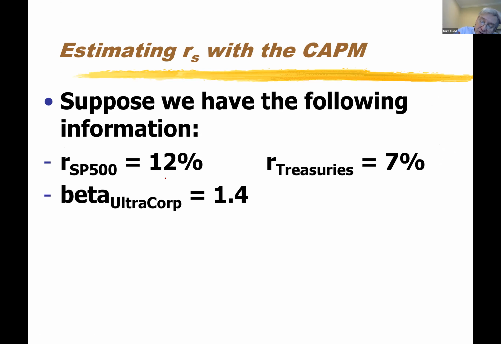The average stock, the average risk stock, stocks with a beta of 1 have a 12% required return. So according to the CAPM, what should be the required rate of return on equity for Ultra?